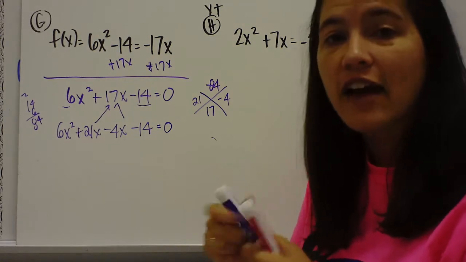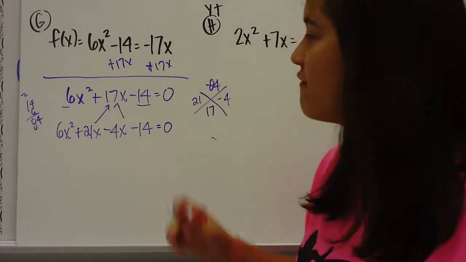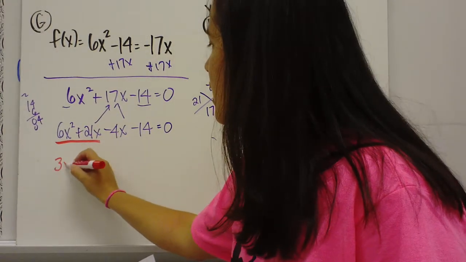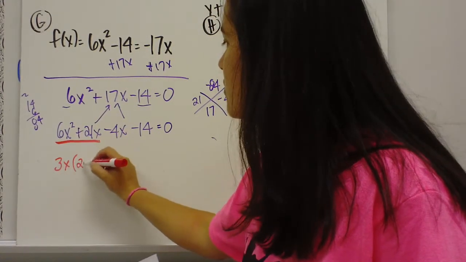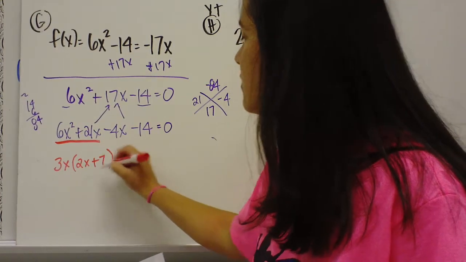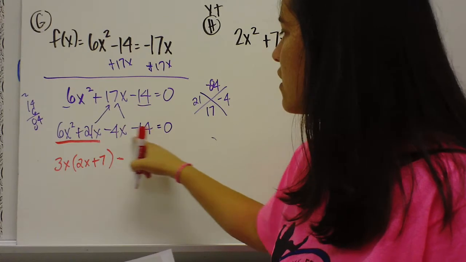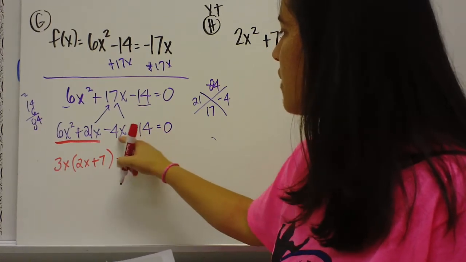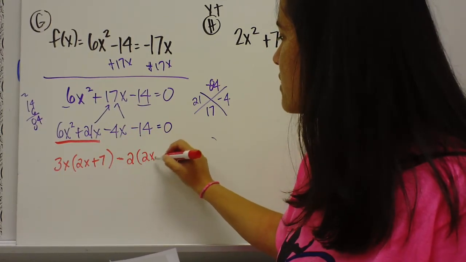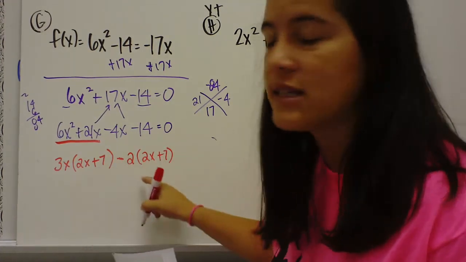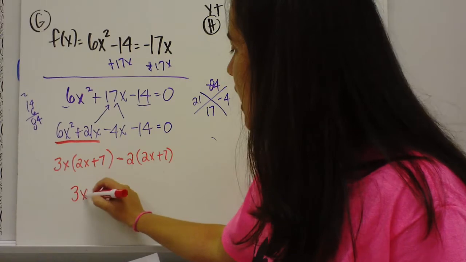Now I have to factor out. I break it into two parts and I factor out. Right here, I can get out a 3x, and I'm left with 2x plus 7. When you divide out a 3x, minus a 2 will go into both of those, and I'm left with a 2x plus 7. Again, the parentheses should be the same. 3x minus 2.